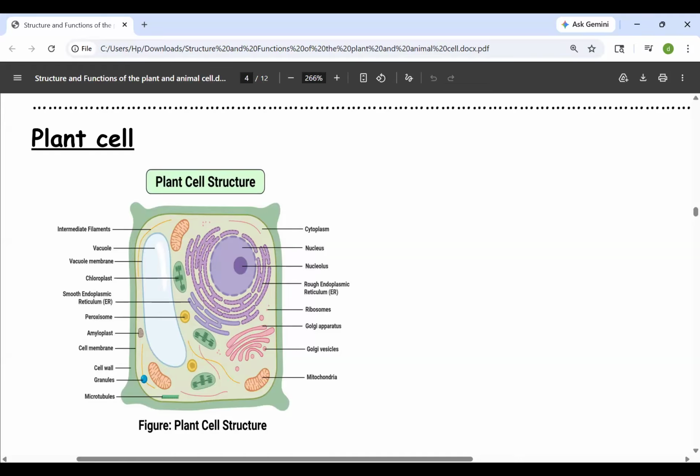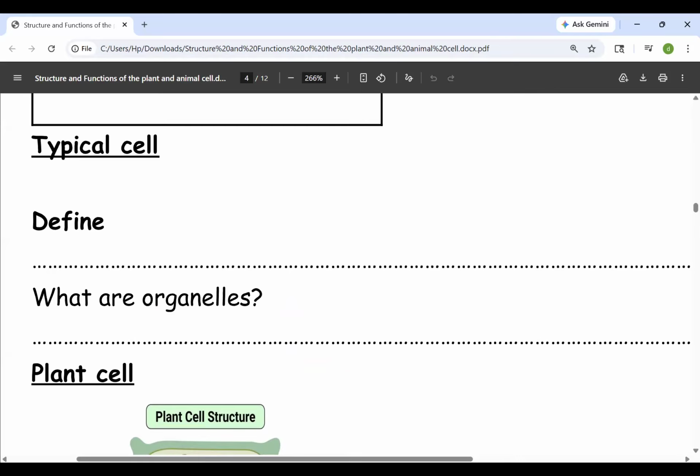Write down the answer, define it there. The cell prepared by including all the organelles.